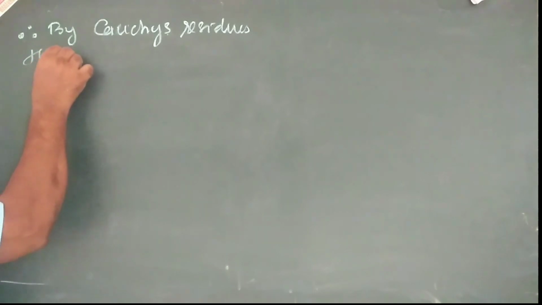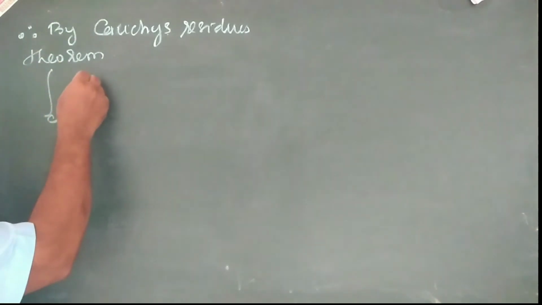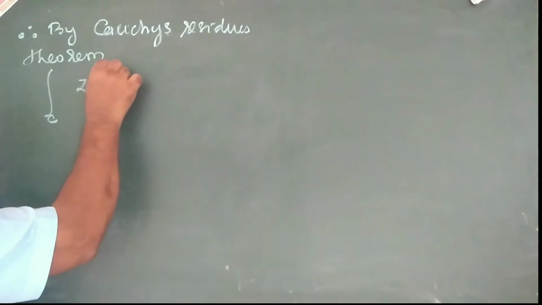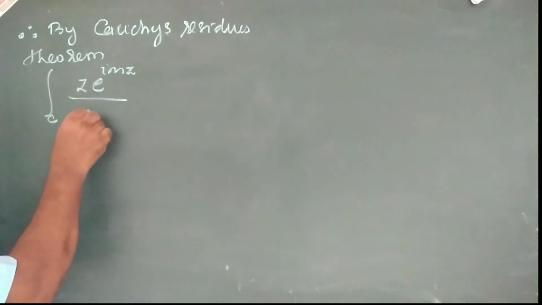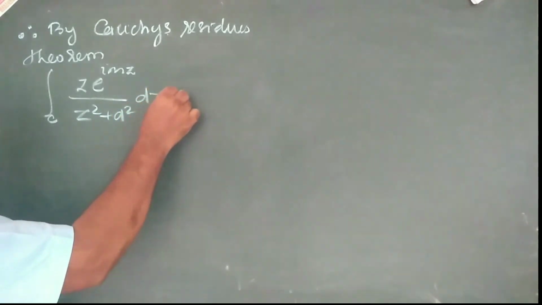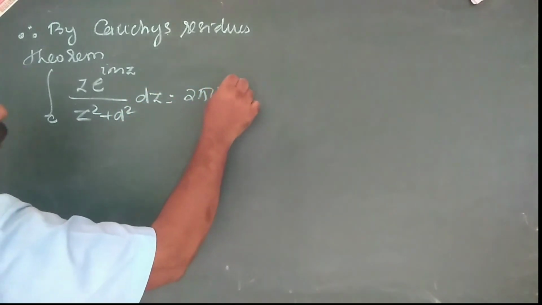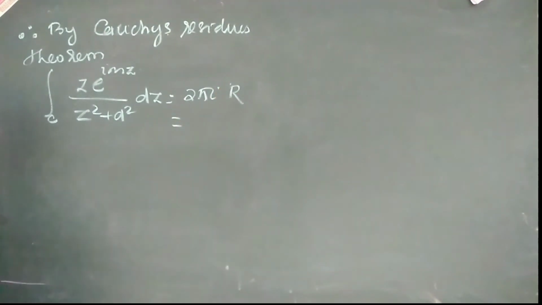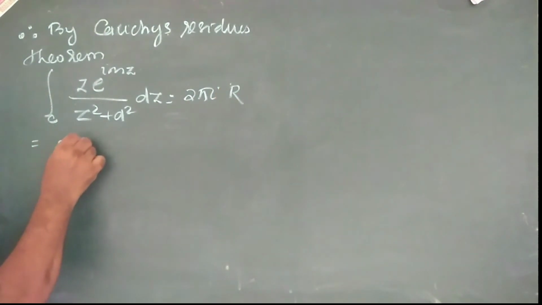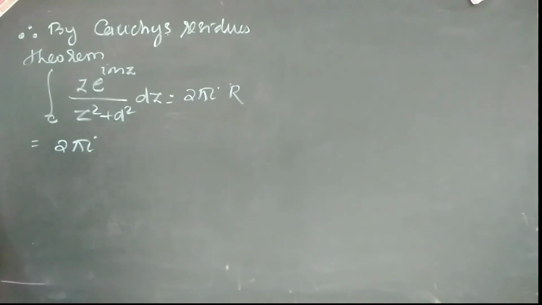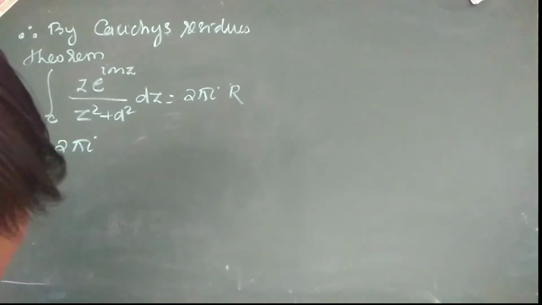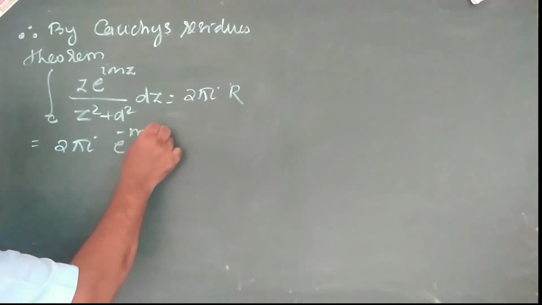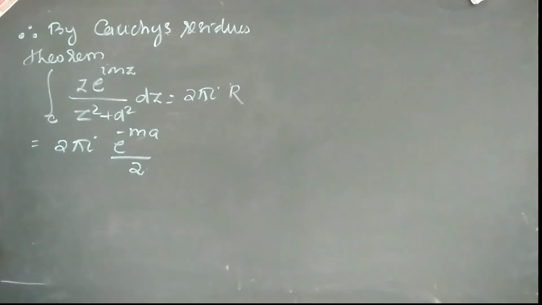Residue theorem. By Cauchy's residue theorem, the integral over C of z e raised to imz divided by z square plus a square dz is equal to 2 pi i into the residue, that is r. So 2 pi i into r, what is r here? e raised to minus ma divided by 2.